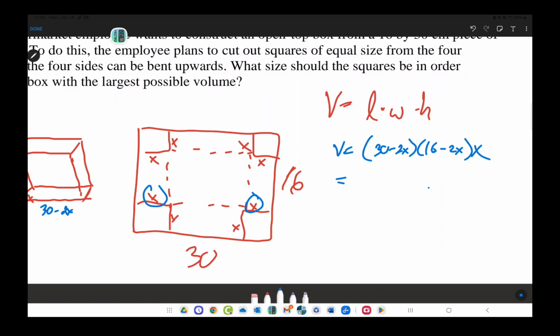You just turn the box. So 30 times 16 is 480, minus 60x minus 32x, so minus 92x plus 4x squared, and then all times x. So it gives you x squared and x cubed.